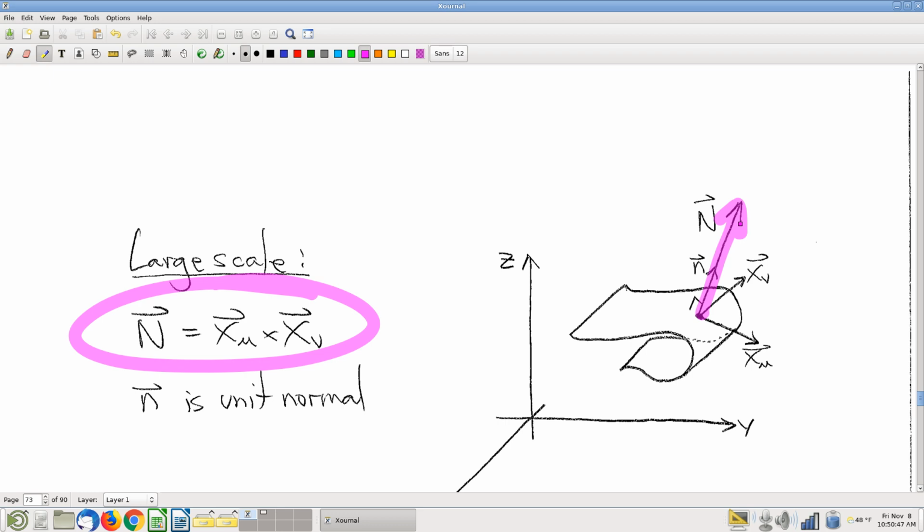Maybe we're computing the mass on this surface. It was the magnitude of this capital N that we needed. That was our stretching factor. So we're not looking at the same thing here, but let me just remind you, we have this thing called capital N, x_u cross x_v, as previously argued.